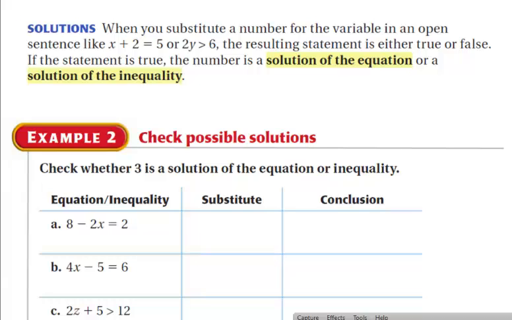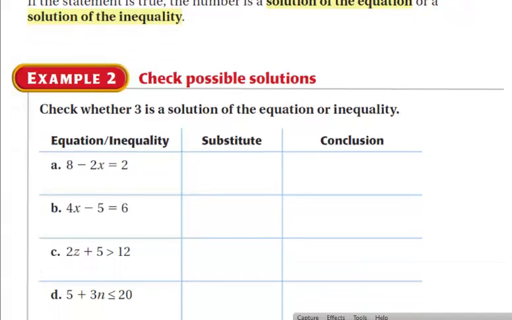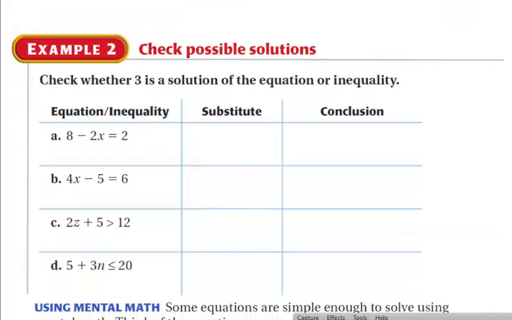Let's look at the example. In the example, we have 4 different open sentences, and we have to check whether 3 is a solution of the equation or inequality. So we have to use 3 for the variable in the given open sentence. Let's check the first one.